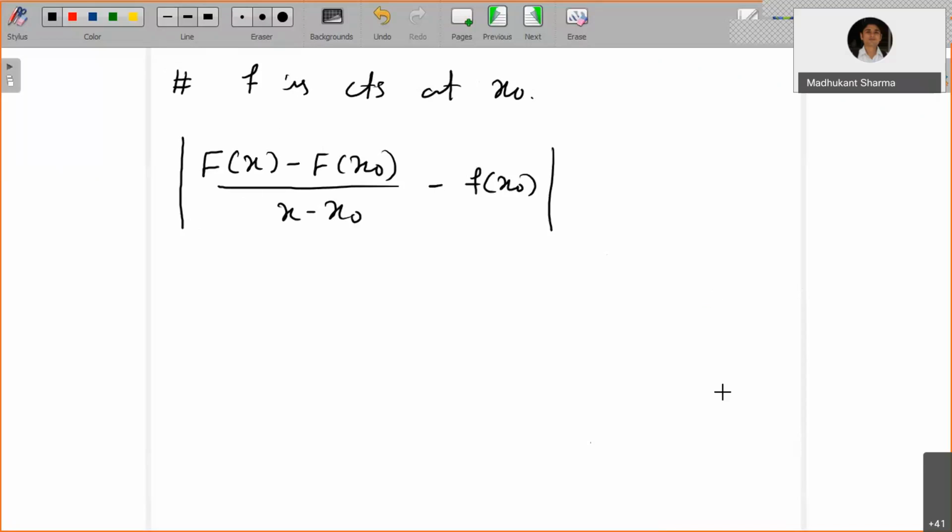You try with this. If you show that this is less than epsilon whenever 0 is less than mod x minus x naught less than delta, then this shows that the derivative of capital F at x naught is nothing but small f of x naught.